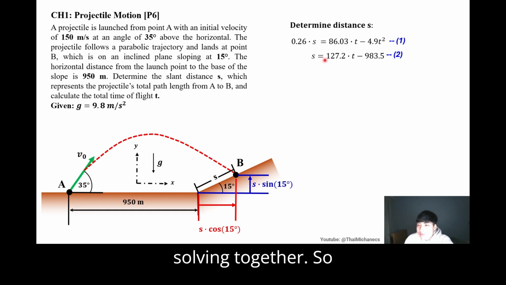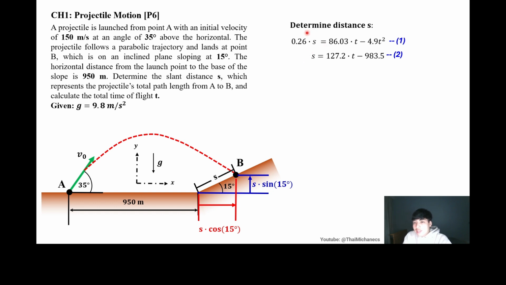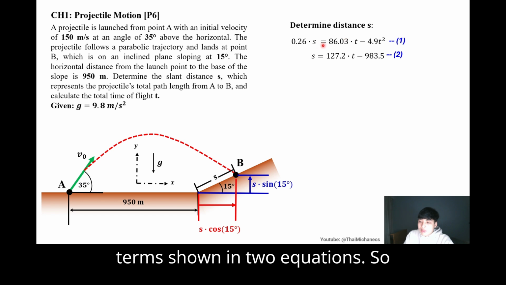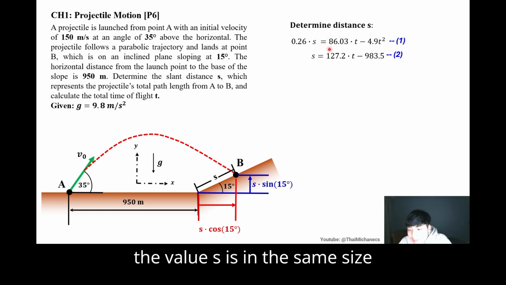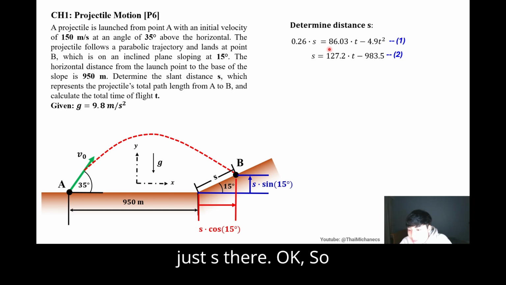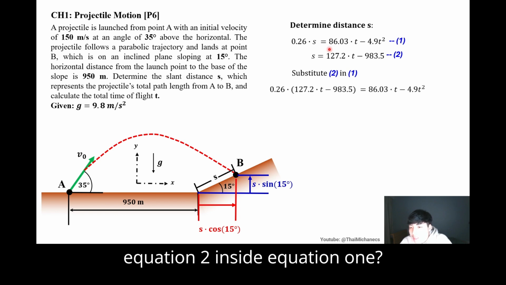Firstly, we can clearly see that there are some common terms in the two equations. The value s is of the same sign and stands alone, without polynomial, without order constant. It's just s there. So what if we substitute equation 2 into equation 1?